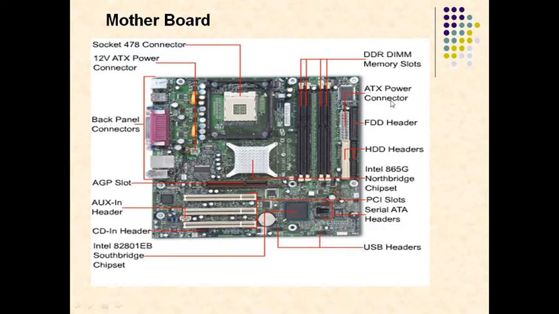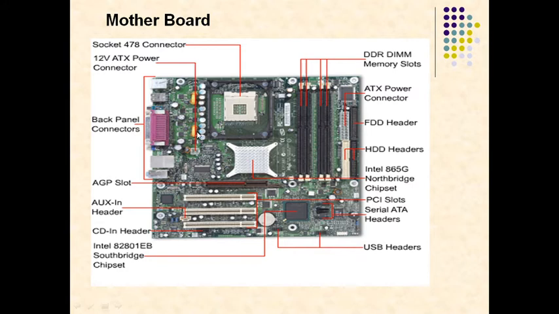And then ATX power connector. Then you have DDR DIMM memory slots. These are the slots where we actually keep the RAMs. Okay, students, RAMs are kept here. So this is a motherboard, and these are the different parts of a motherboard.